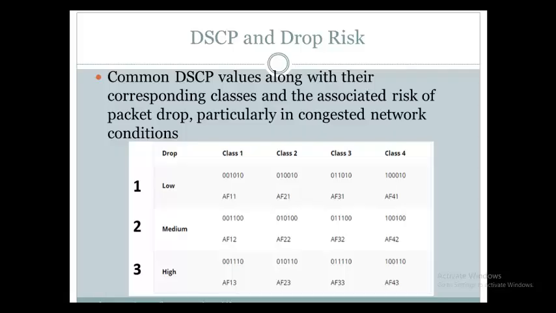See, we saw DSCP has 64 different markings, but you don't have 64 markings here. This is just the default. You can have your own custom marking. This is the common DSCP value. Most people only use this one. They don't use all 64 that you can have.